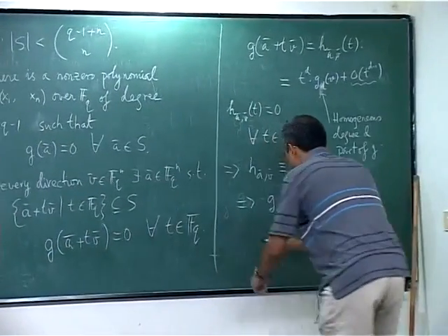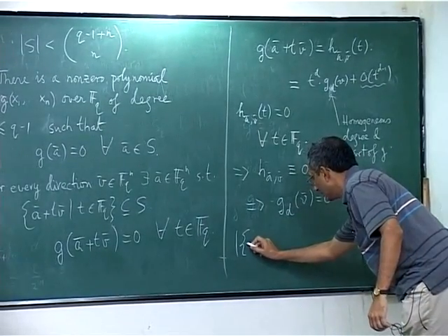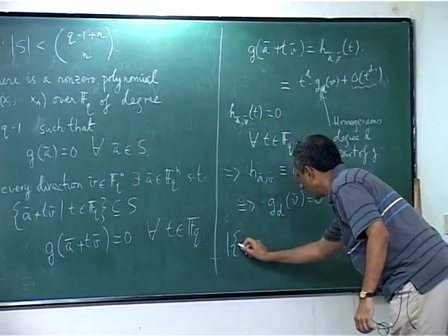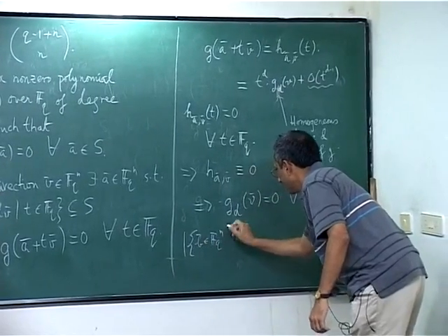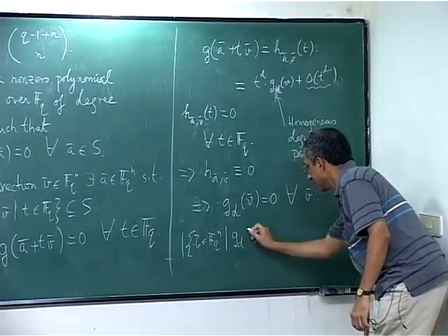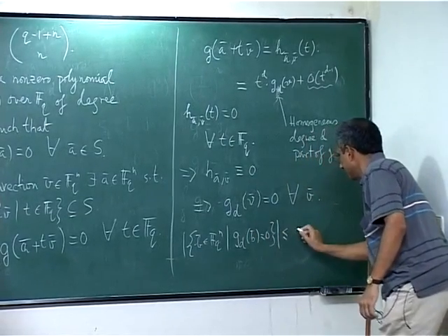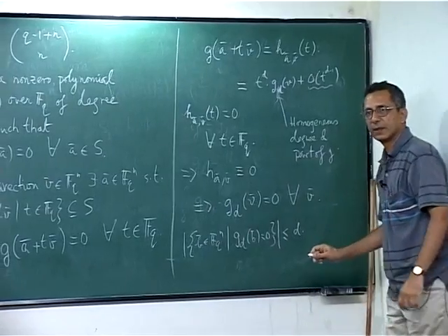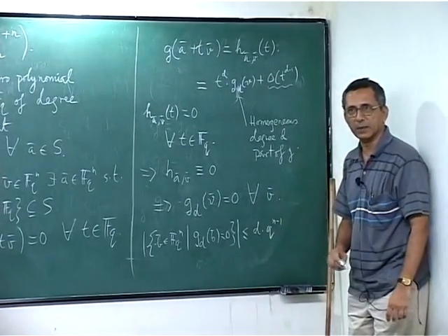I know that the cardinality of the set of points b̄ in F_q^n such that G_D of b̄ is 0 is bounded by d times q^(n-1) by the Schwarz-Zippel lemma.